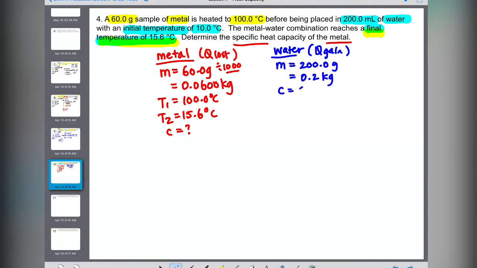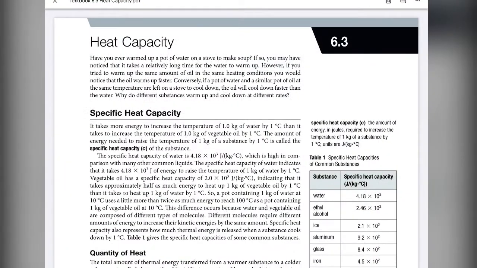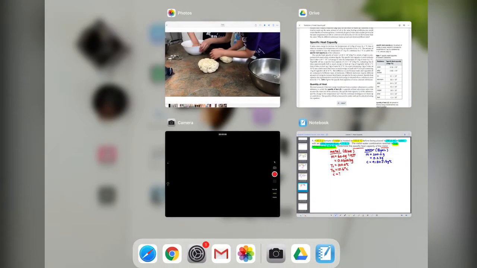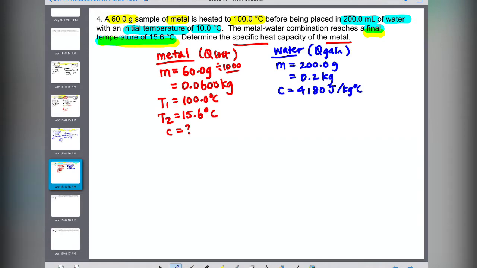And it tells you it's water, so I already have that from the textbook. Remember how we said we can look it up when they don't give you the value, right? So water, 4.18 times 10 to the 3 joules per kilogram degree Celsius. I would never expect you to memorize that, as I said before. And it tells you that the initial temperature is 10 and the final temperature is 15.6. So key thing, the combination means they both have the same final temperature, okay?